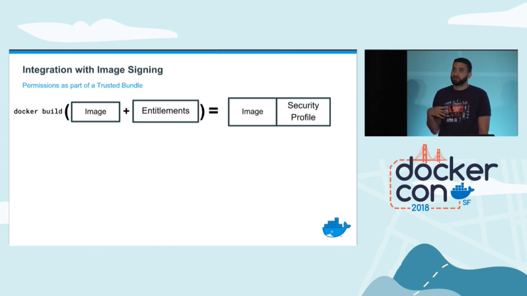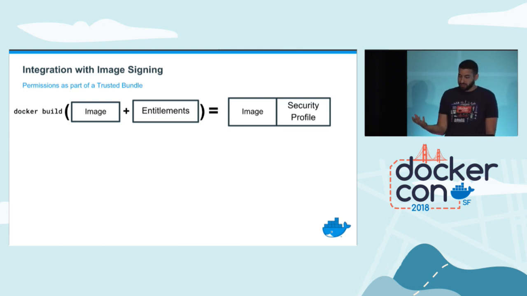So the idea would be to leverage the knowledge that the people who build the image have on the image itself, so that the person running the image has only one decision to make: basically trusting or not the content publisher for this image.